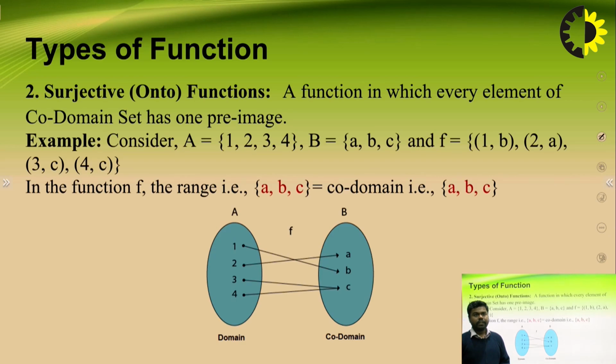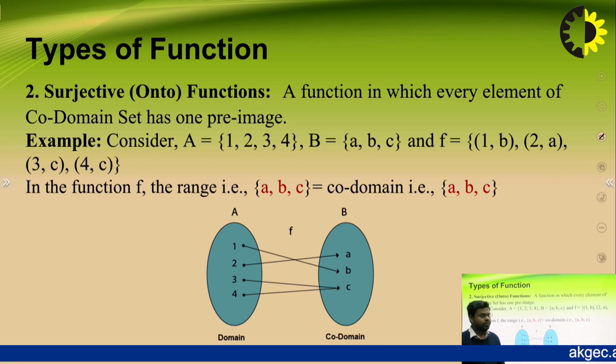Now the next is surjective. A surjective function is also called an onto function, a function in which every element of the codomain set has a pre-image.